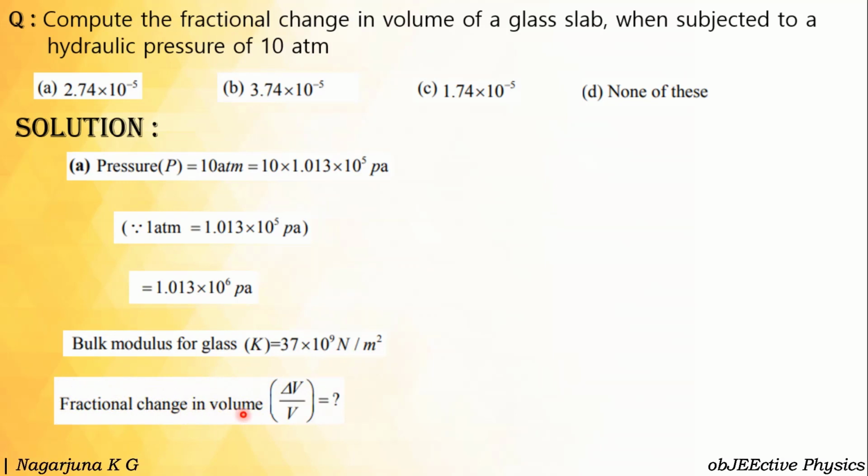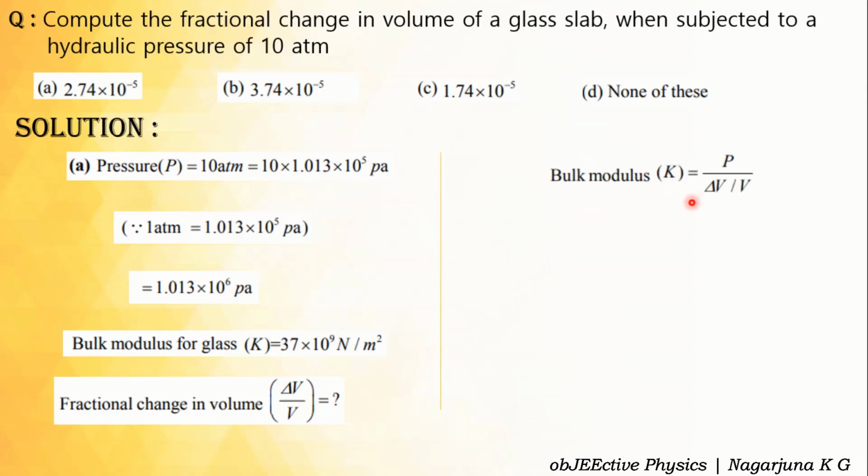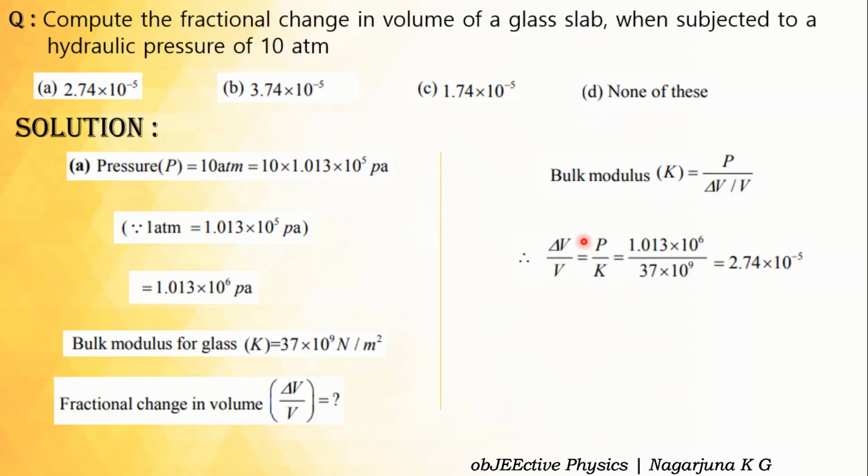Therefore, fractional change in volume delta V by V is equal to question mark, means that we are going to determine delta V by V. We know that bulk modulus K is equal to P divided by delta V by V. Therefore, delta V by V can be written as P by K. We have both values, P value and K value.